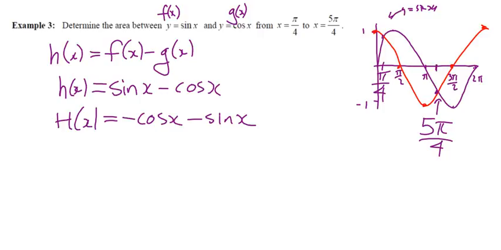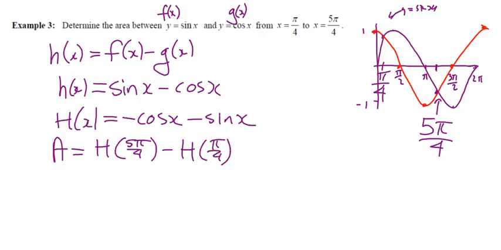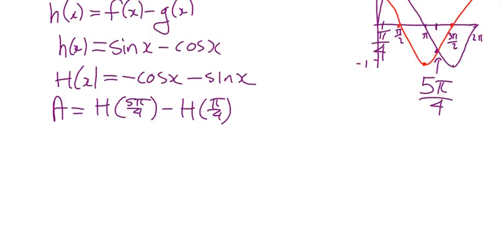All right, so the area we want then, area will be h of 5 pi over 4 minus h of pi over 4. So let's go and substitute.